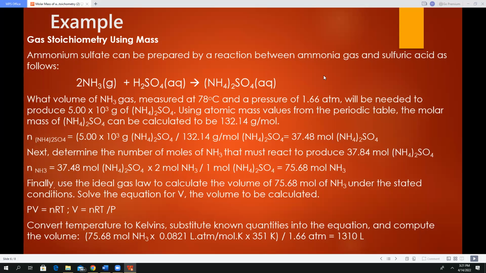Using the atomic mass values from the periodic table, you get the molar mass. So you calculate that, and from there you can figure out how many moles. Once you have the moles, then you can use the ideal gas law constant to calculate the volume.